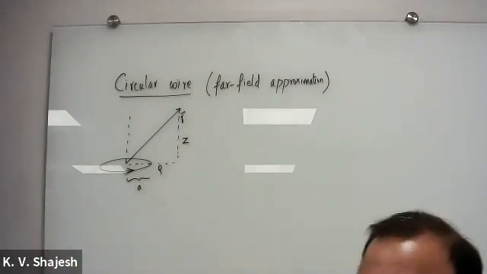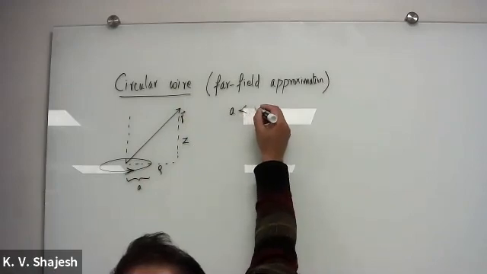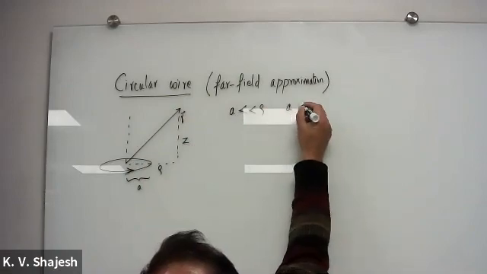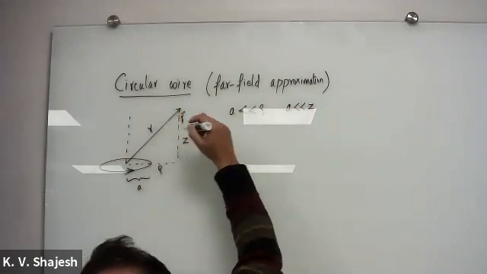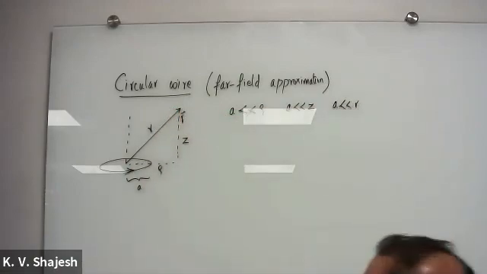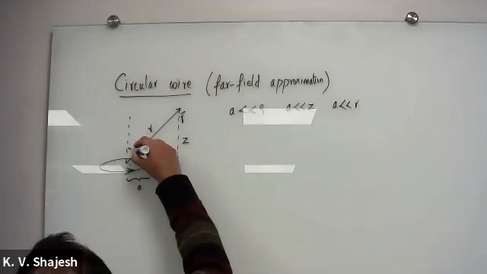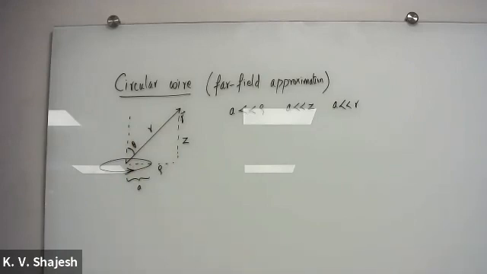We wanted to talk about situations when a is significantly small compared to rho, and small compared to z, and of course, if it's small compared to both, then a will be very much less than r also, right? So it's an implication. And let's also use the angle theta here. We will see it plays a role later on.